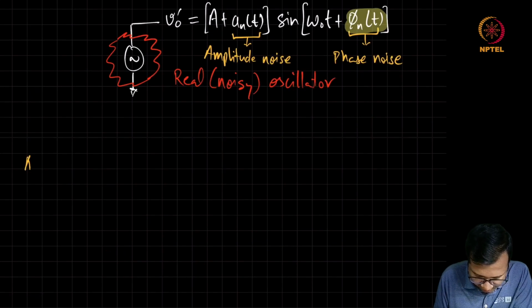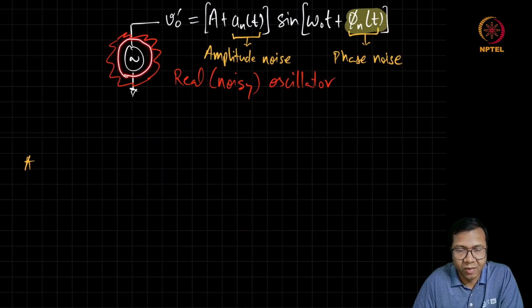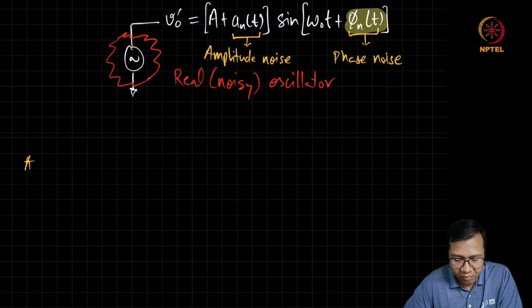A few points to note here. We will find that this amplitude noise many times is already suppressed by the inherent amplitude limiting phenomenon present in the oscillator, which we have already seen in the case of the LC oscillator, where the amplitude is maintained at a specific value which is required to sustain the oscillation.